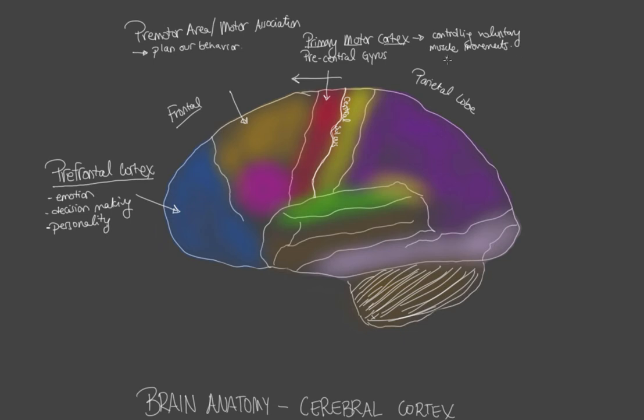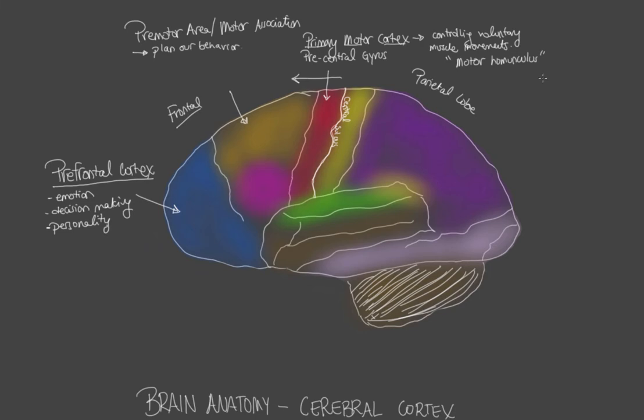And one thing that's very interesting about this gyrus is that it has what we call the motor homunculus. And this means that the gyrus has a distorted representation of all of our body regions, where it dedicates more surface area to control body regions that exhibit finer control.